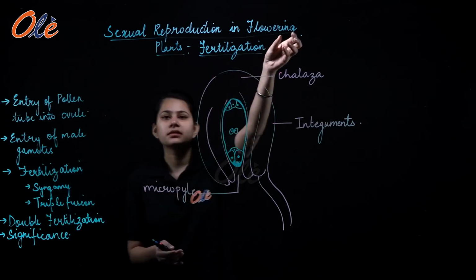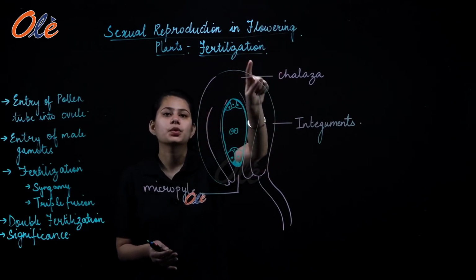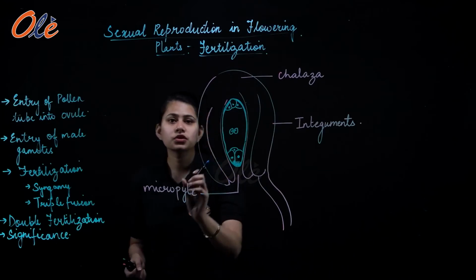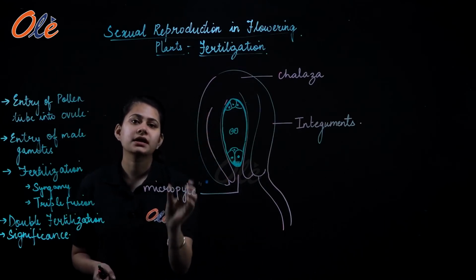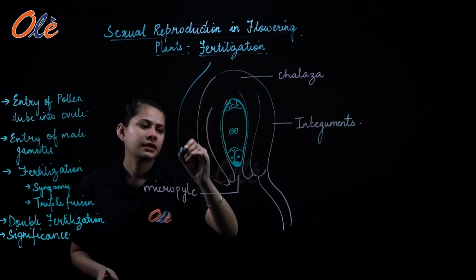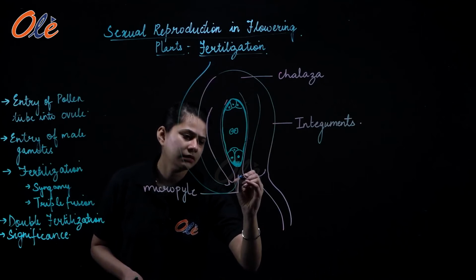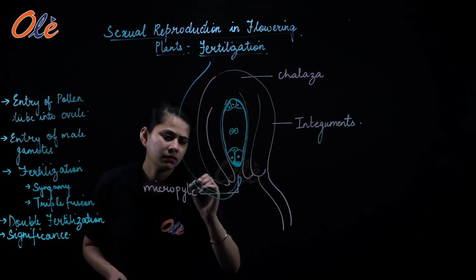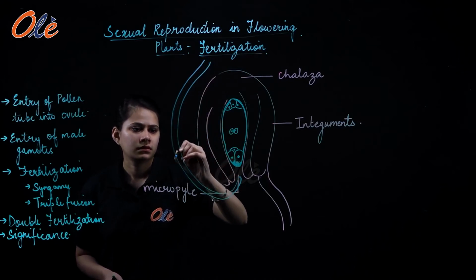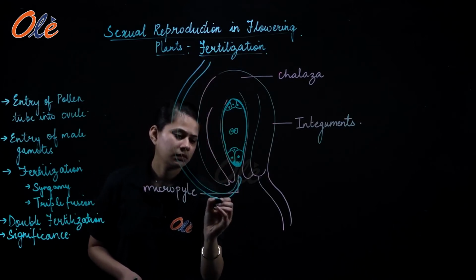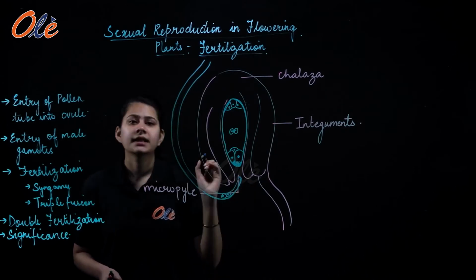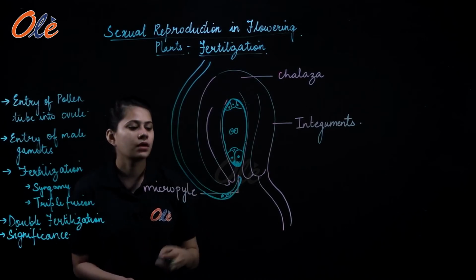And then once it has moved through the style, it is going to enter into the ovule. Now there can be three ways. The first way you already know, which we already discussed: entry through the micropyle. So if the pollen tube enters through the micropyle, carrying the male gametes, right? This type of entry is called porogamy.